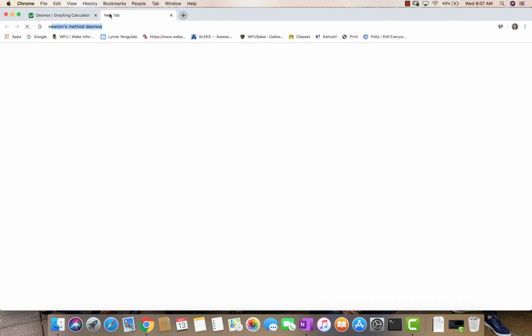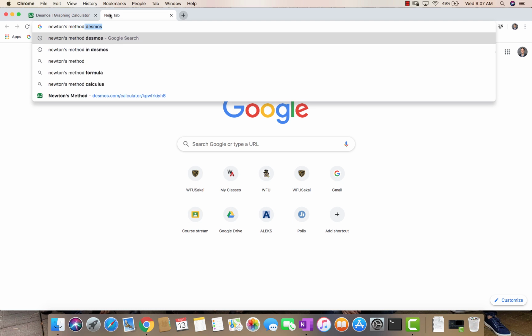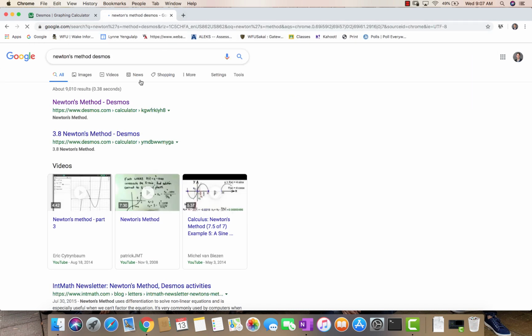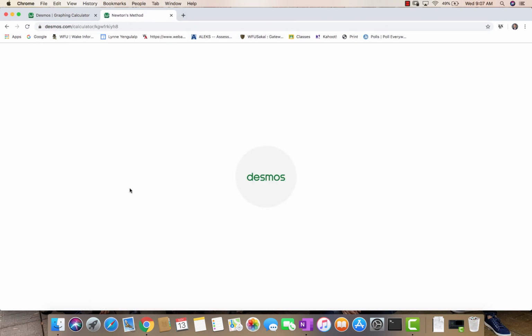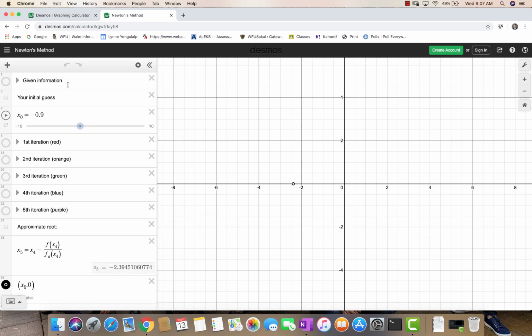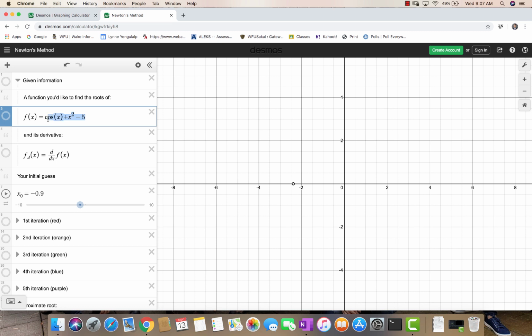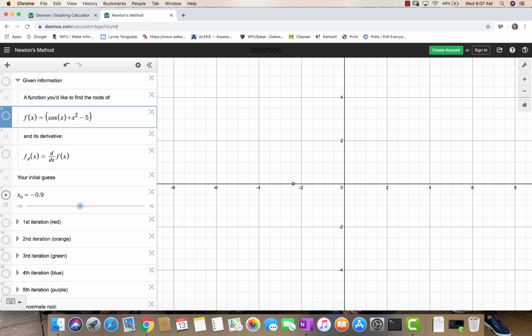Let me also show you that Desmos has a Newton's method calculator in it, so you can get a real good visual of what's happening. So let me just use this pre-made thing.